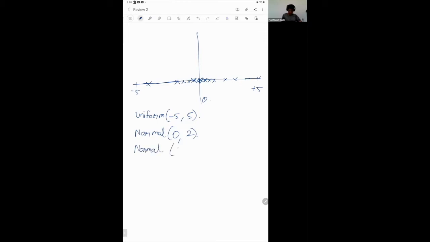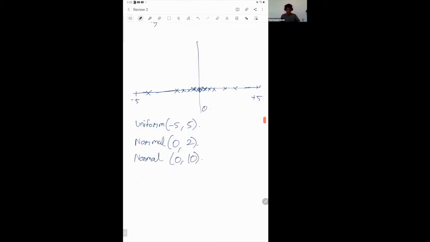The third person would say a normal distribution centered around 0 with standard deviation of 10. So how would I be able to evaluate your distributions on this data? It could come from this distribution, right? It's not impossible that uniform wouldn't be able to generate these kinds of data points.